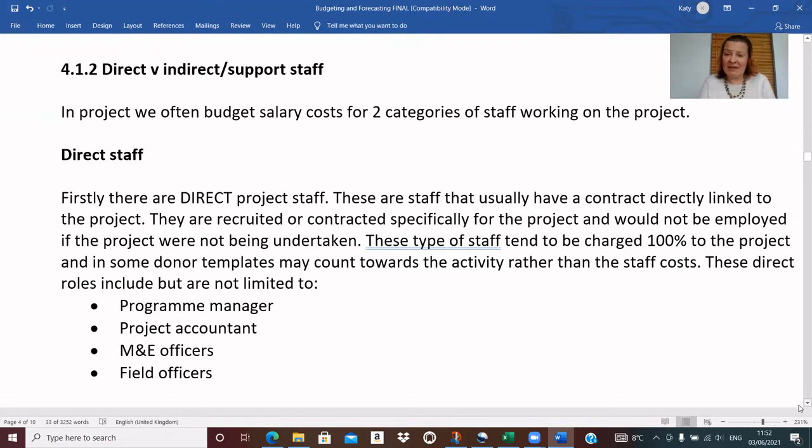And these type of staff tend to be charged 100% to the project. Another thing to note is that sometimes these staff can be budgeted for within activities rather than within a salaries section. But typically these roles would be the program manager, the very dedicated project accountant, any M&E officers, field officers, etc.